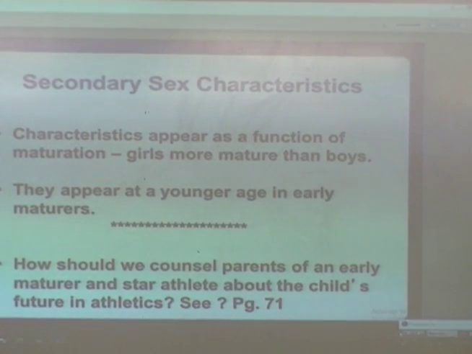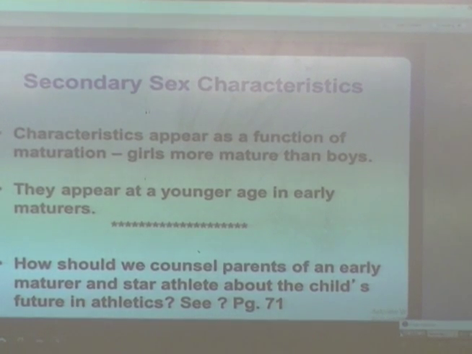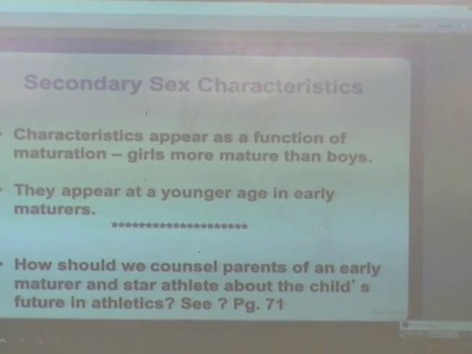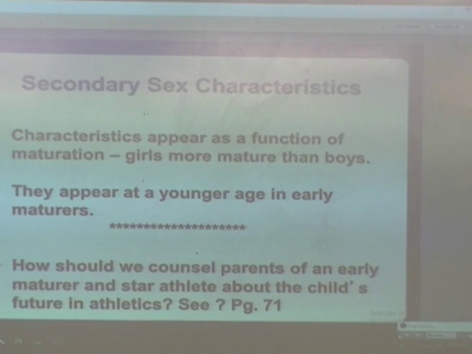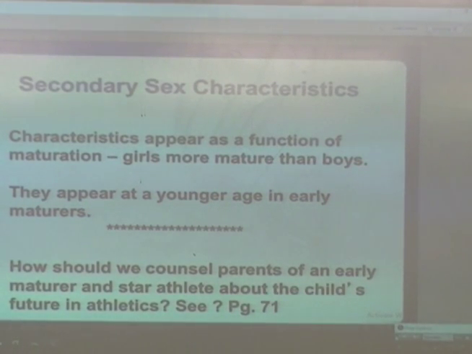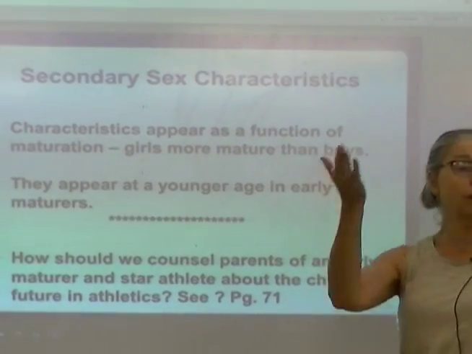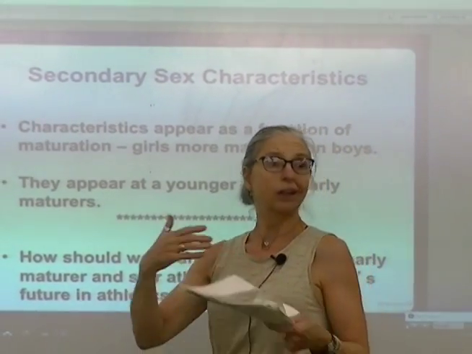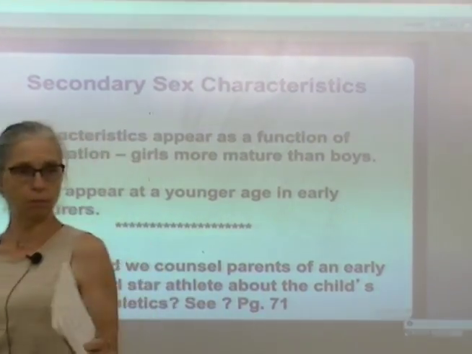So maturation is also a structural constraint. The more mature the individual is, the more likely they are to be stronger than someone who is less mature in the muscular system.